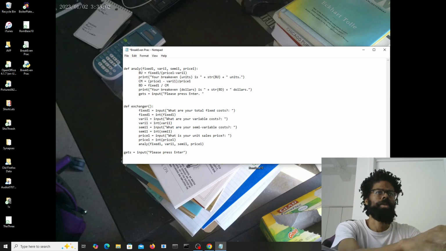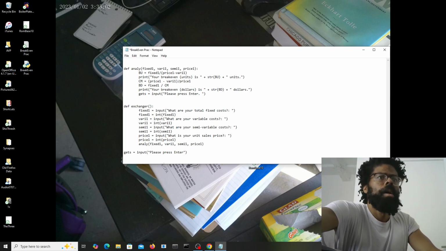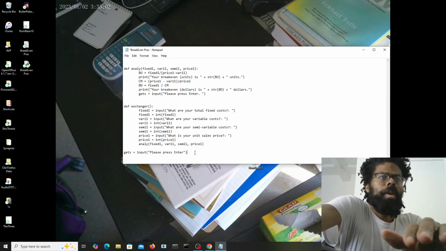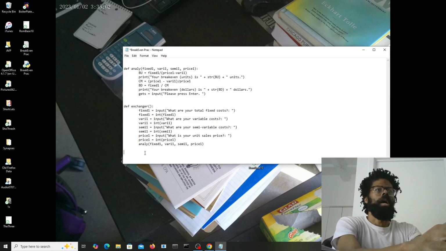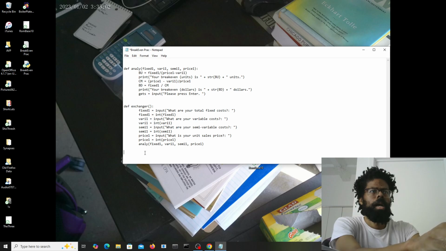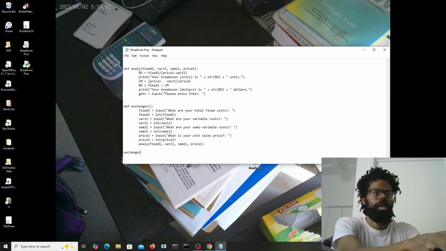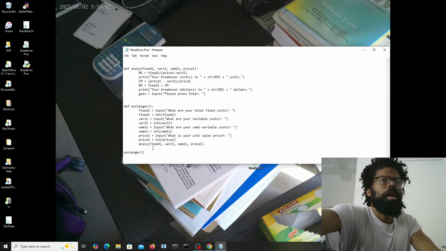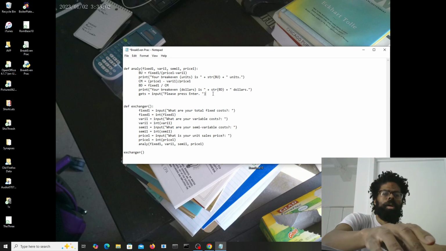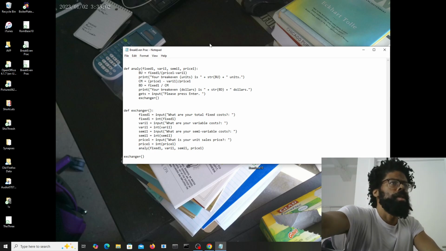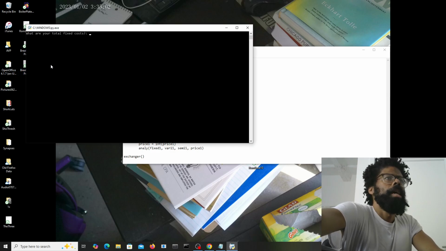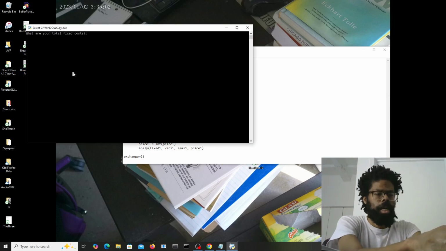Let me put a space right there, and not put the parentheses right there. Control save.